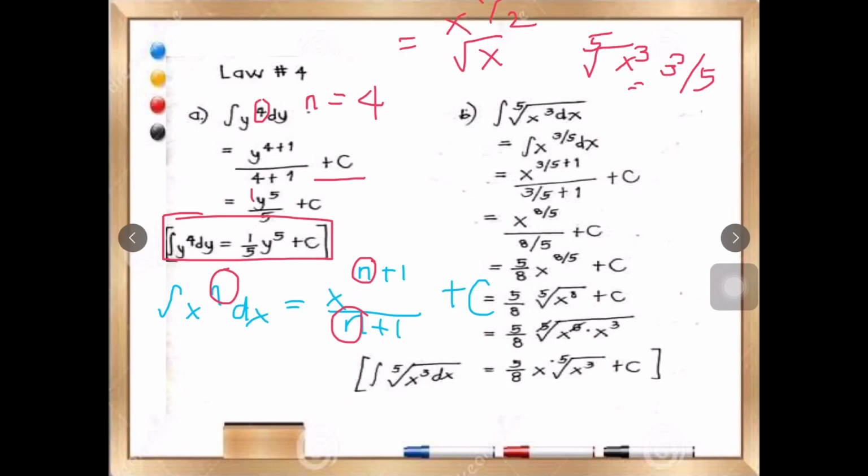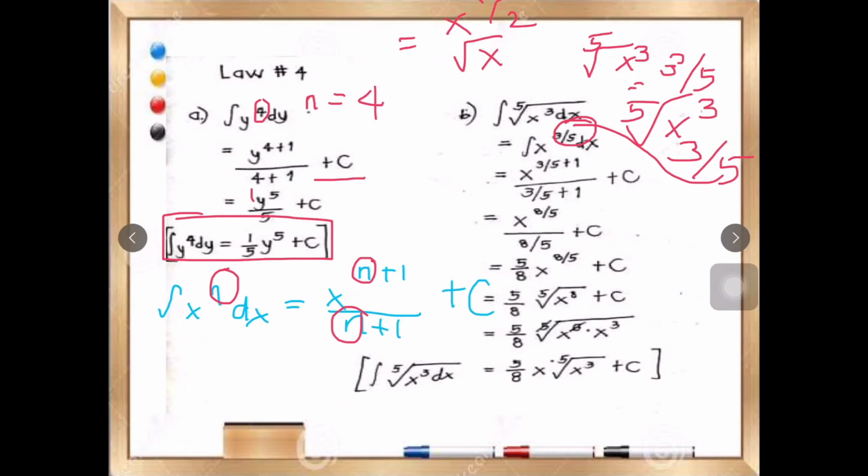Because it's the fifth root of x to the third, we will have 3 over 5. This is the exponent of our x.